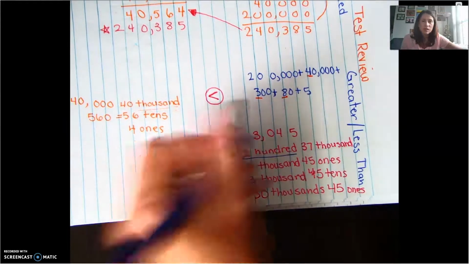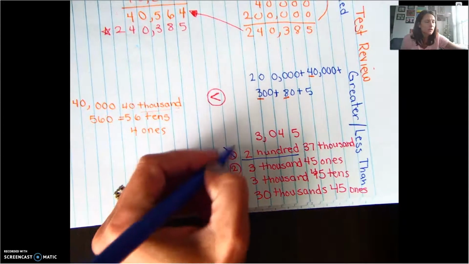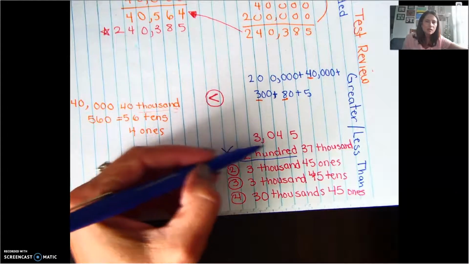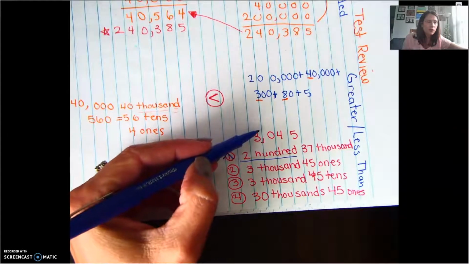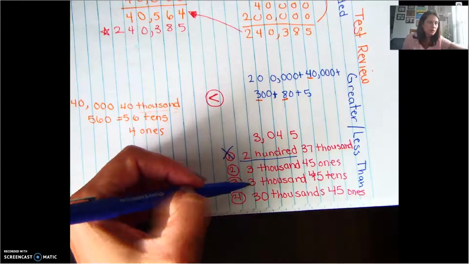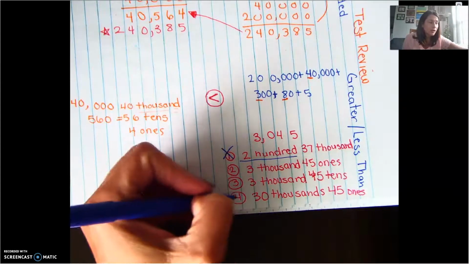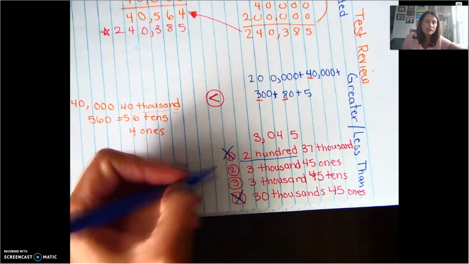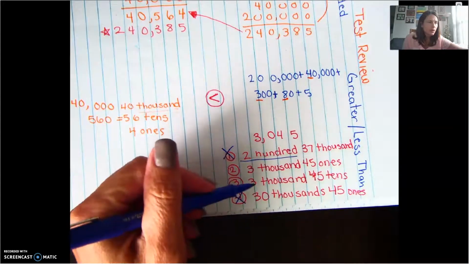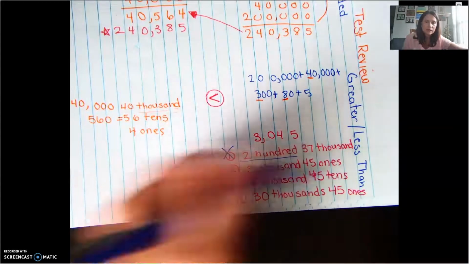We know that this is not 200, so we can cross this one out. So now, we know that how many thousands are there? There are 3,000. Well, this one says 3,000, and this one says 3,000. So I know it's not 30,000. So now I'm down to 2 choices. I have 3,045 ones or 3,045 tens.